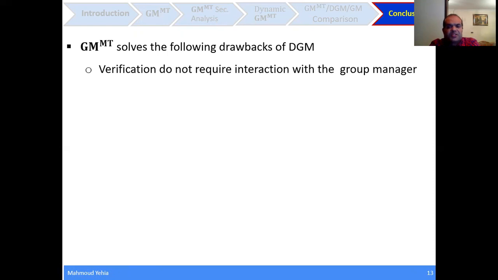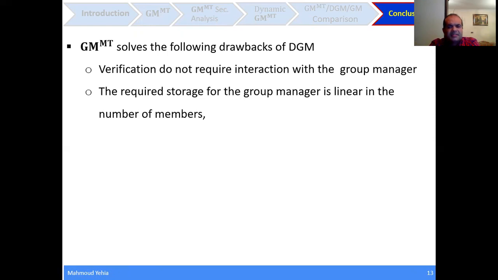The verification procedures don't require interaction with the group manager. The required storage for the group manager is linear in the number of the members, while it was linear in the number of signatures in the case of the DGM.